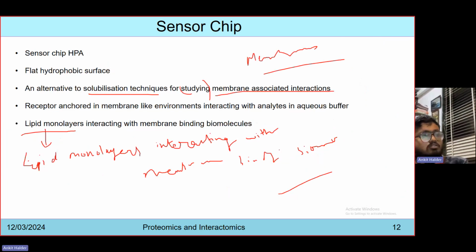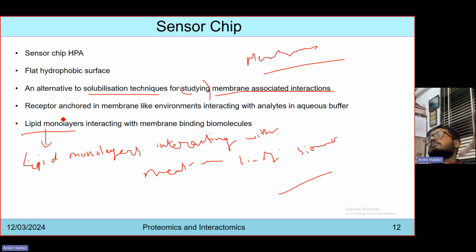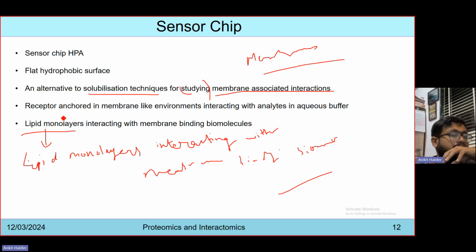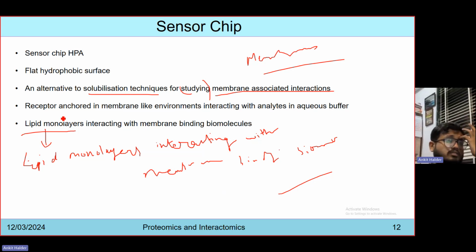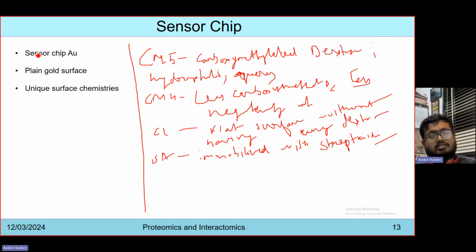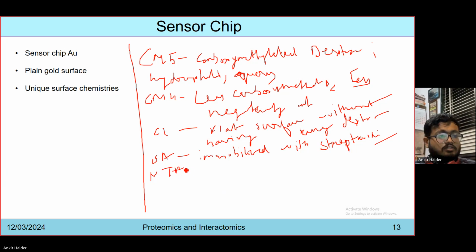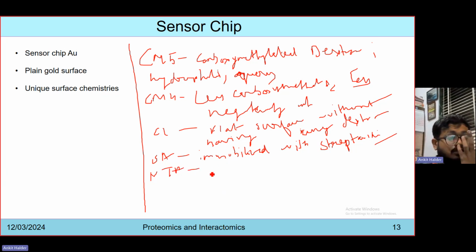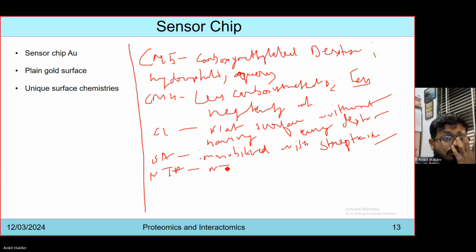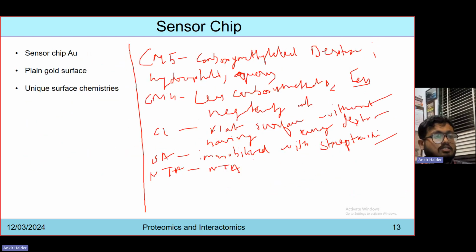Now, if we move to HPA, which is a flat hydrophobic surface, it is for membrane-like interactions, which mimics the receptors and membrane-like environments to interact with the analytes in the aqueous phase, and the lipid monolayers interacting with membrane binding biomolecules. And last but not the least is the nickel NTA for histag ligands.